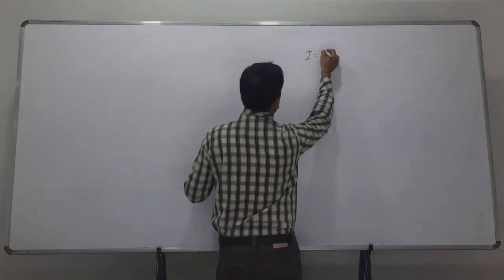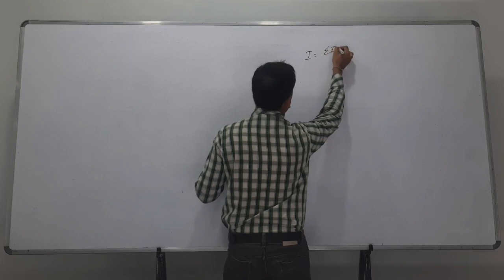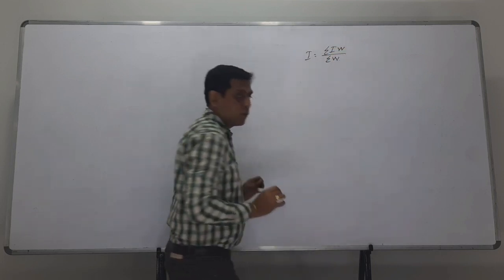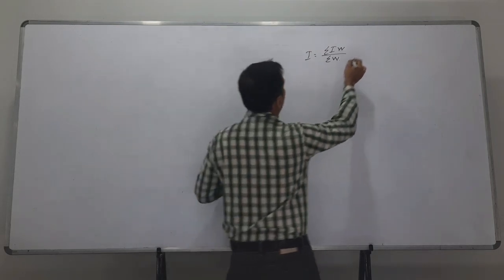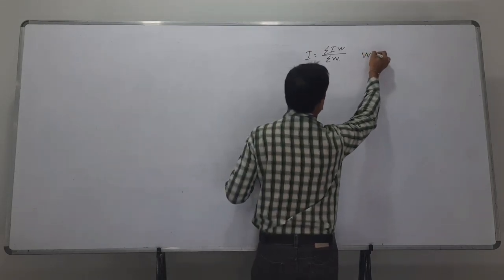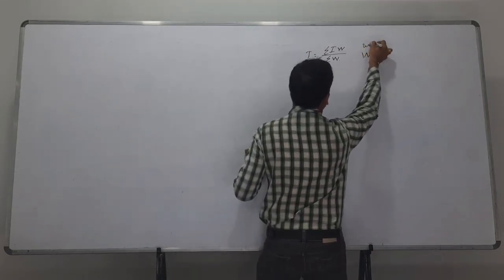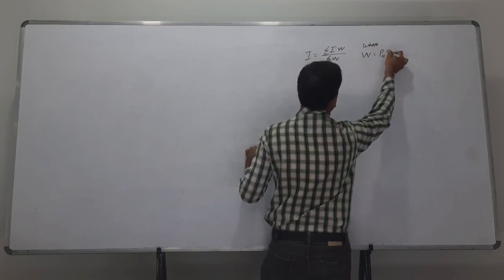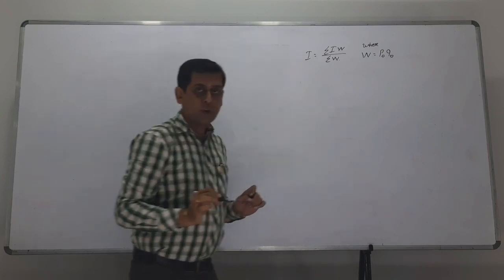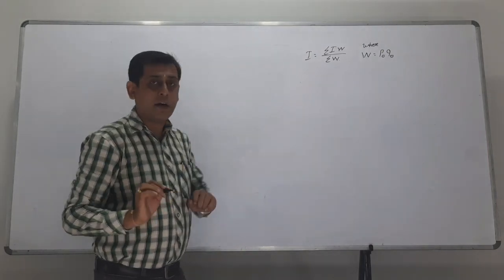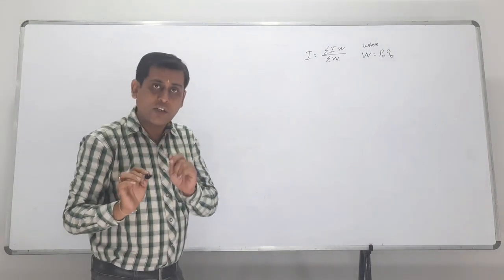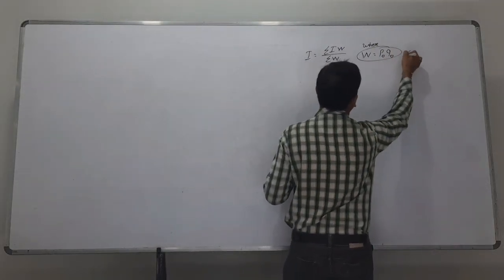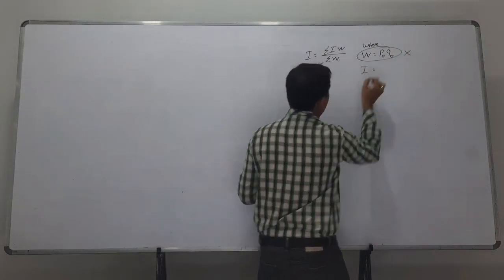I is equal to sigma IW upon sigma W, right? But if W is not given, you have to multiply P0 with Q0. This is the formula. But here W, that is weight, is already given, so we don't have to use this one.